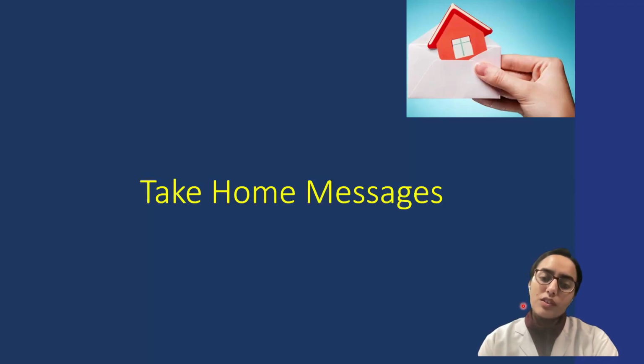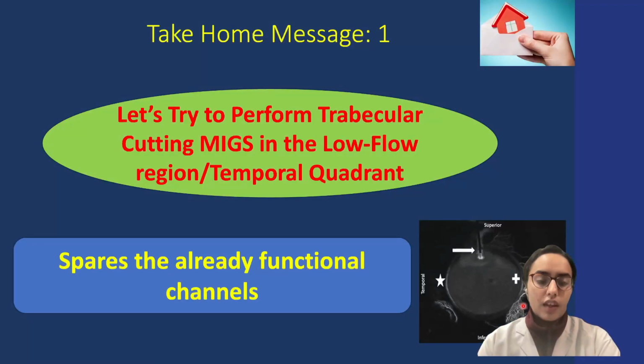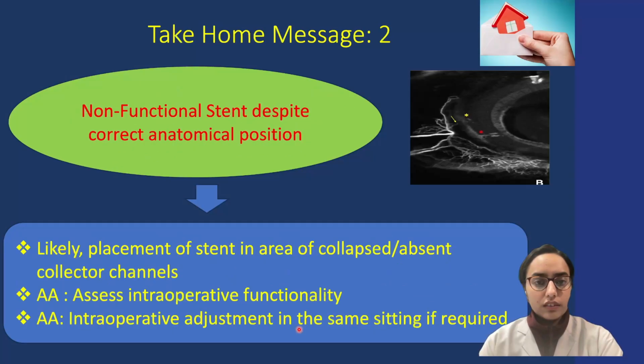Our take-home messages are: 1. Let's try to perform trabecular cutting MIGS in the low flow region or the temporal quadrant and spare the already functional channels. 2. There is a possibility of non-functional stent despite a correct anatomical position.